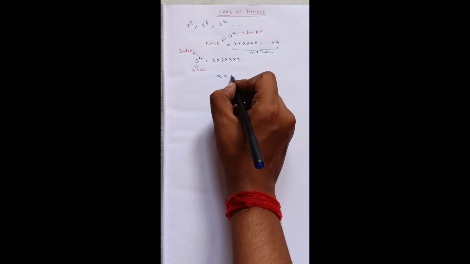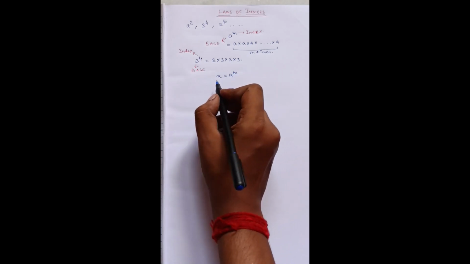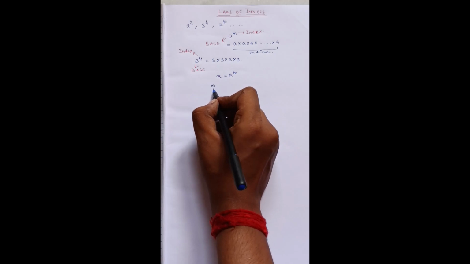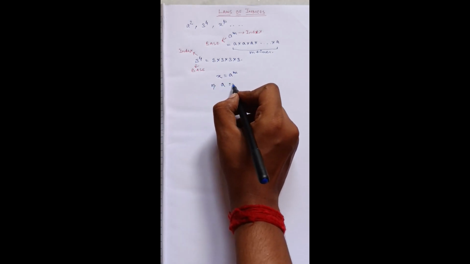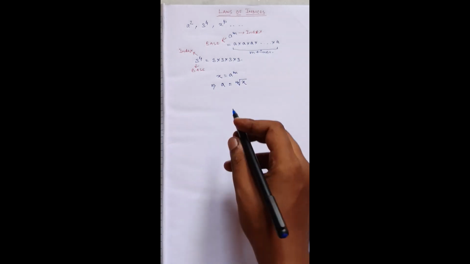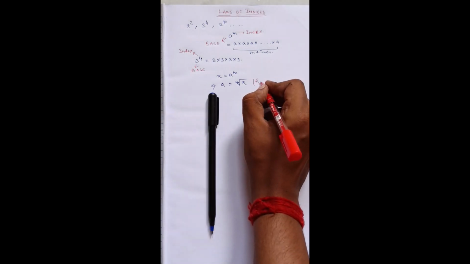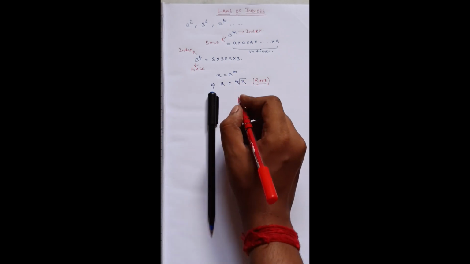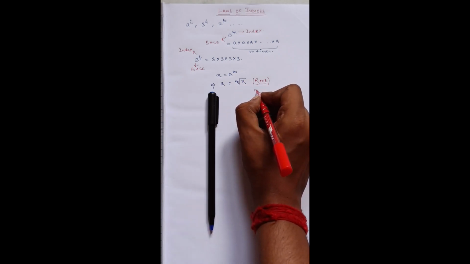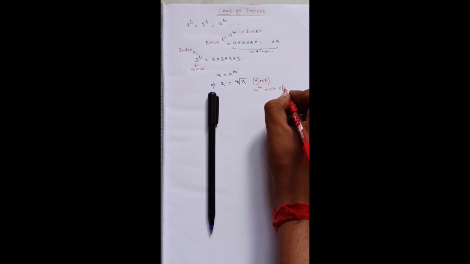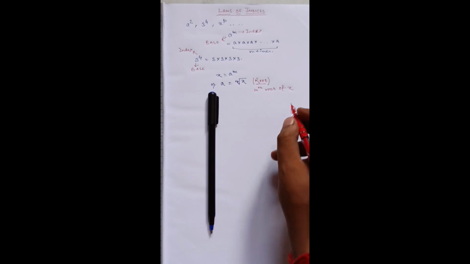Now if we reverse this process, say x is equal to a to the power m, then we can write a is equal to mth root of x. Here we hear another term, root. I have said mth root of x.